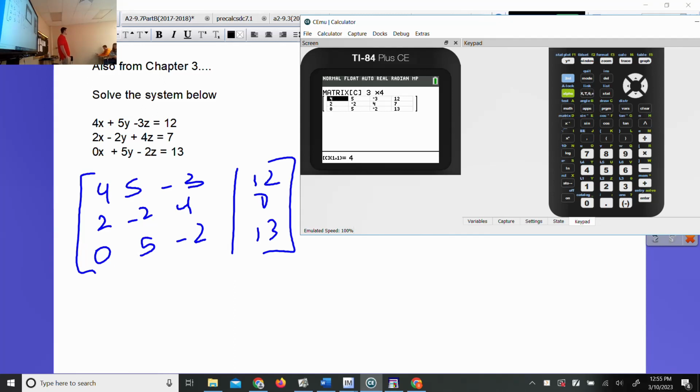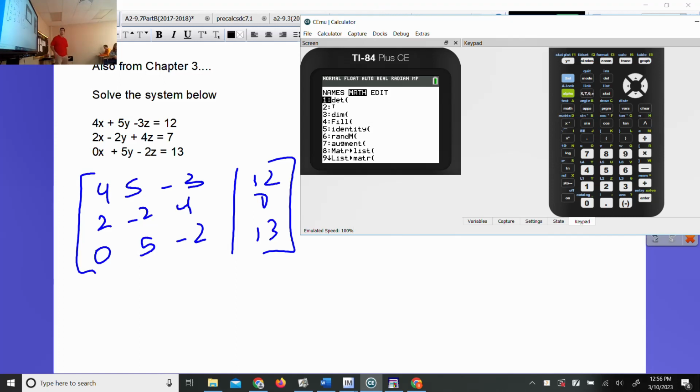Now what do you do? Second quit. Now what? Second matrix. Scroll to math. Two below comes rref.